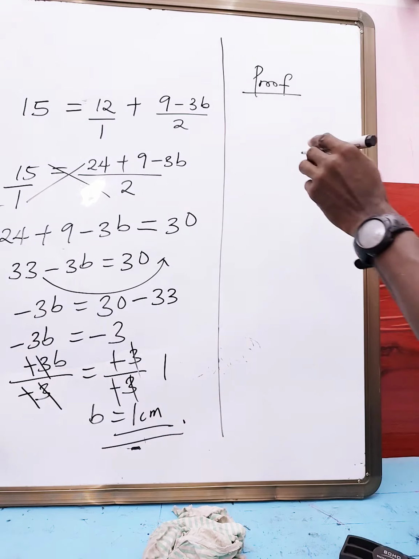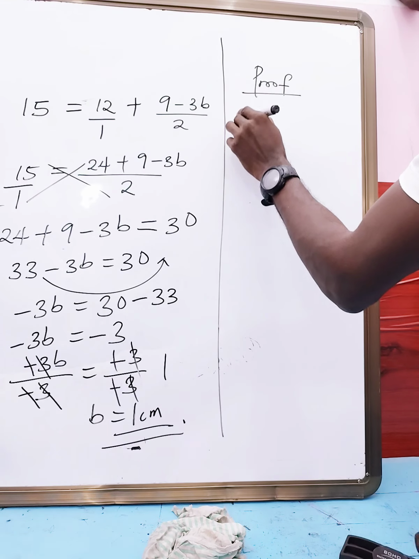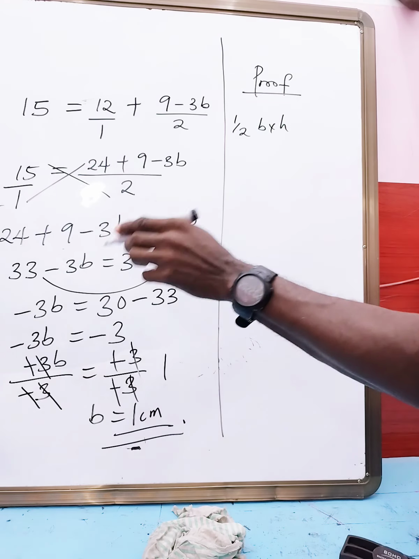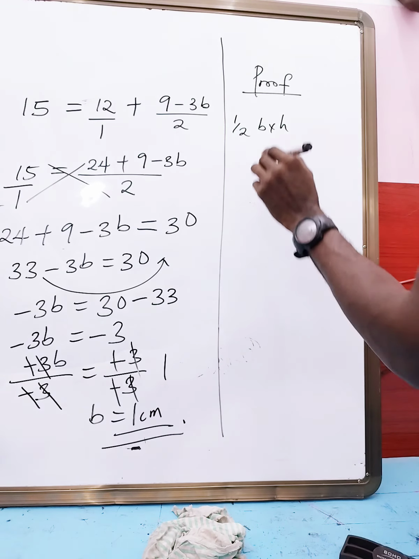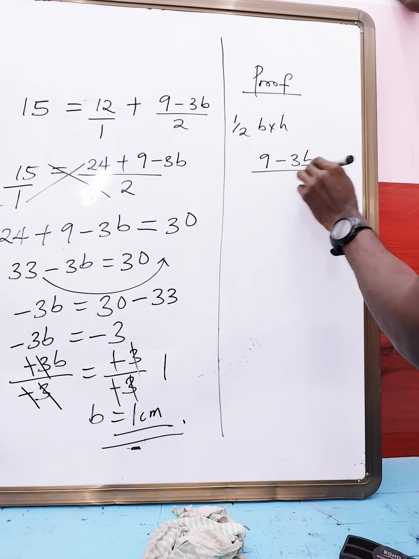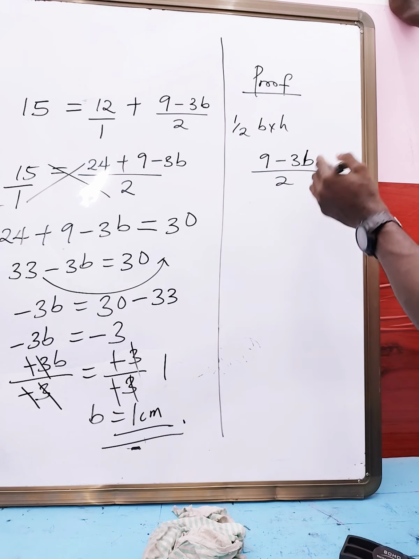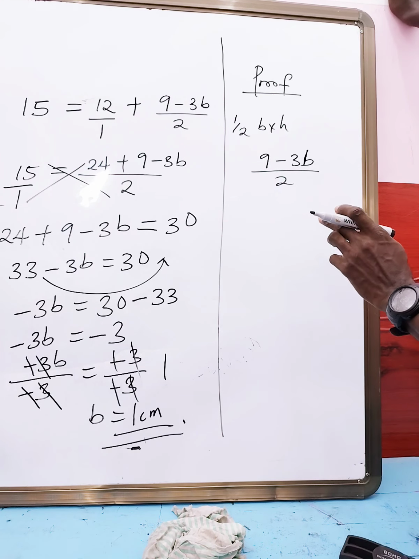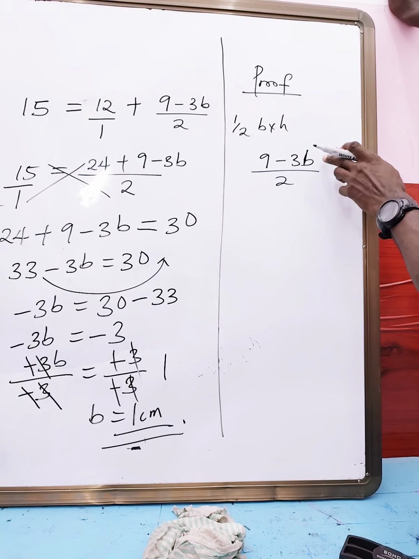The area of the triangle is half base times height, and the result we got was 9 minus 3b over 2. Wherever we see b, we put 1.